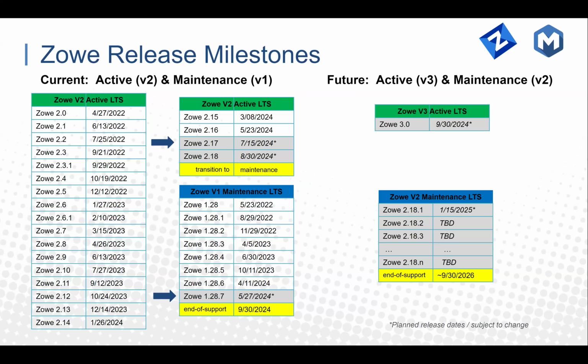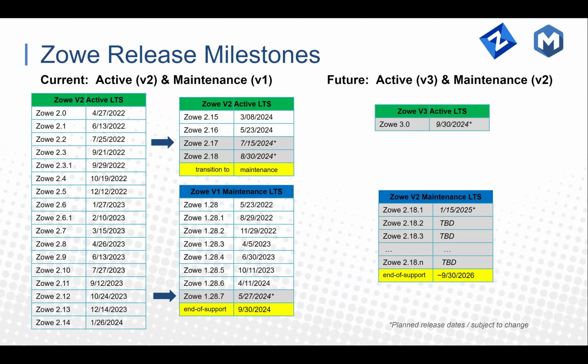The target date, with a caveat that planned release dates are always subject to change, is the end of September this year. So please plan accordingly, understand what your organization prefers. If you are in an organization that wants to receive enhancements and new capabilities, plan to be on V3.